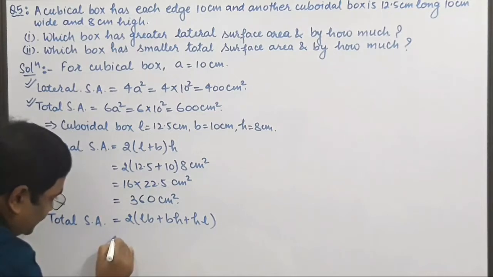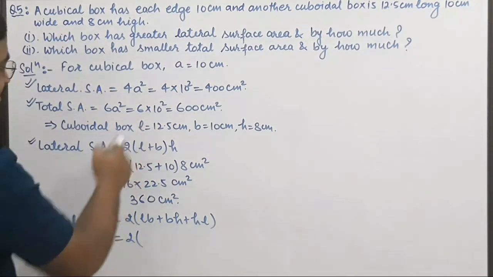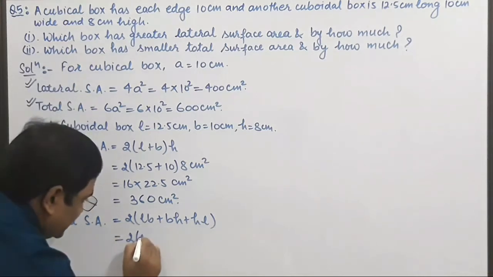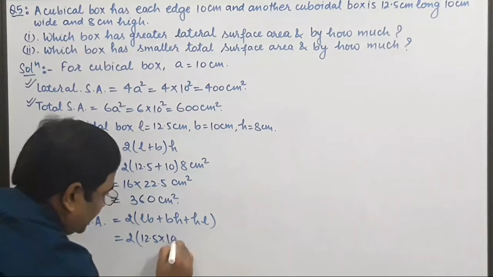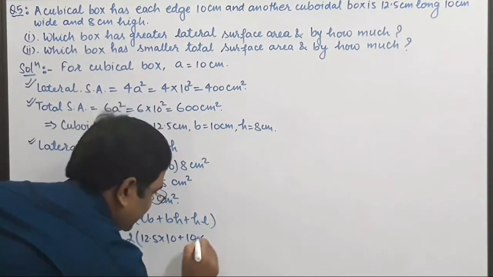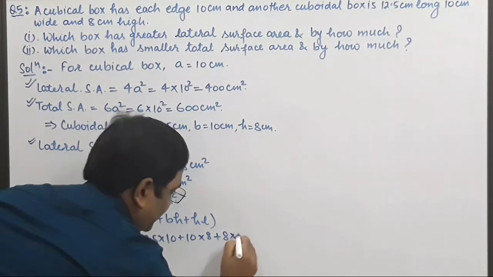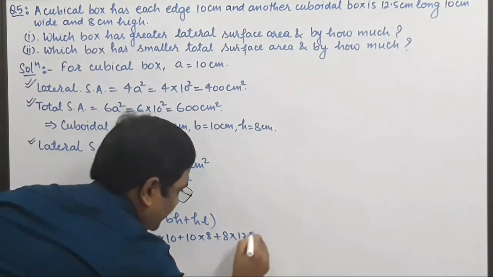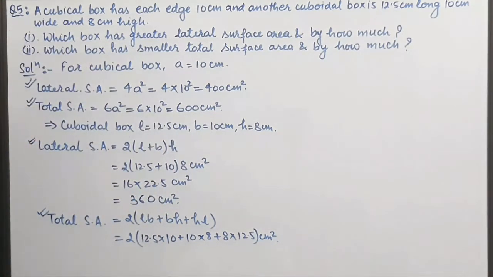Let us substitute the values. 2 into lb, length is 12.5 multiplied by breadth 10, plus 10 multiplied by height 8, plus 8 multiplied by length 12.5 centimeter square. Now let us simplify it.